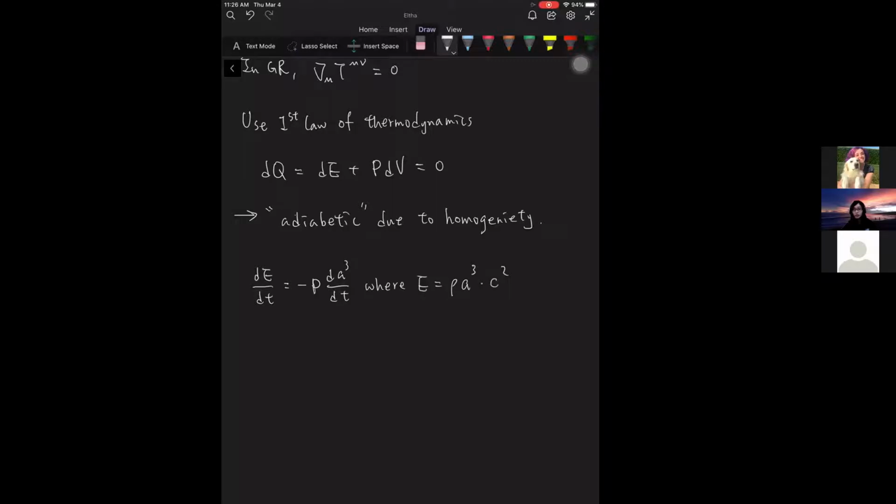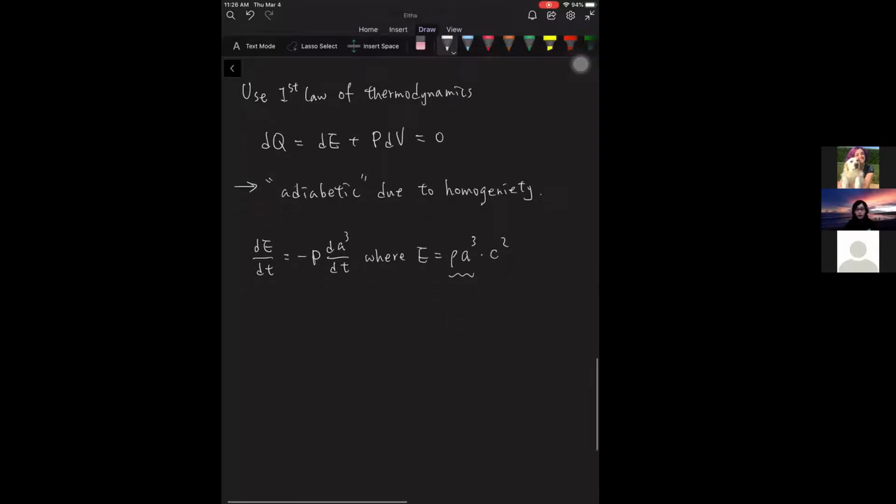This term is density times volume, that's the mass term. So let's write out the energy: d/dt of rho c squared a cubed equals negative p d(a cubed)/dt.